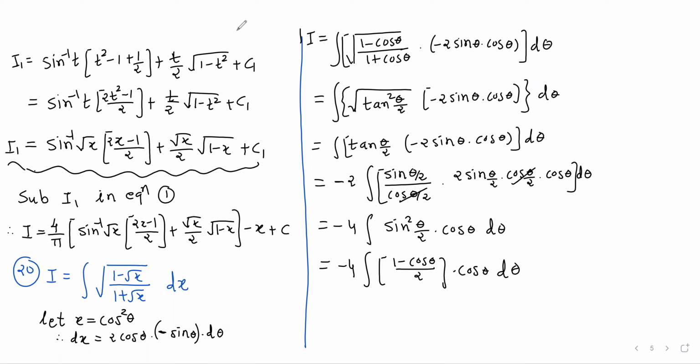Okay. What is the original formula for cos 2 theta? Cos 2 theta is 1 minus 2 sin square theta.